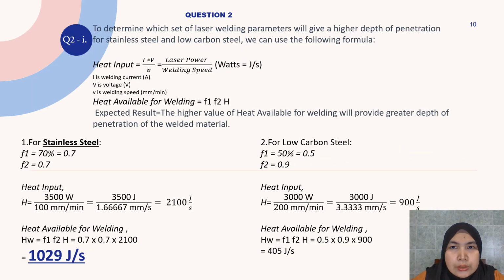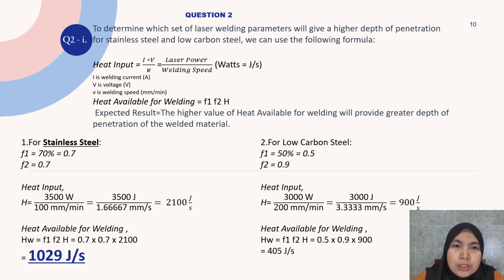Then we go to question 2. Question 2 is to determine which set of laser welding parameters will give a higher depth of penetration of stainless steel and low carbon steel.